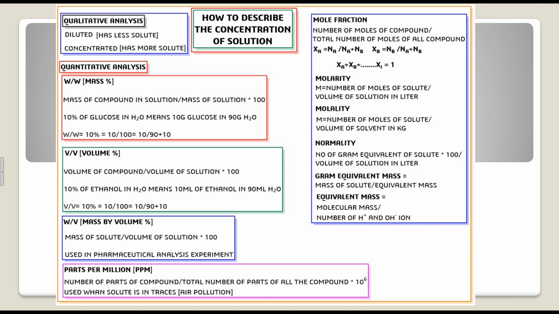Equivalent mass formula is molecular mass divided by number of H plus and OH minus ions. These are all the ways you can express the concentration of a solution. One is qualitative, the other is quantitative. These are all the basic things you have to know to approach any pharmaceutical experiment in a better way.